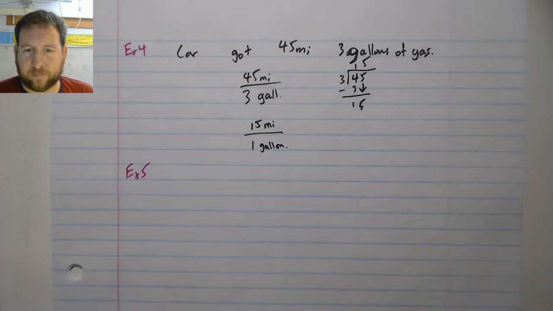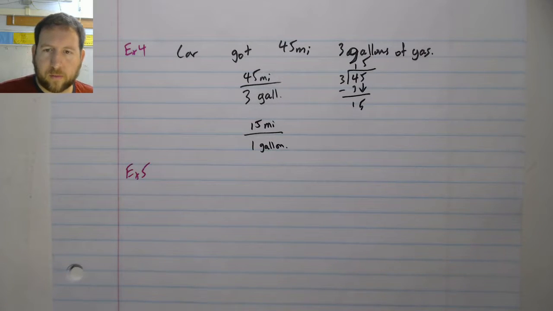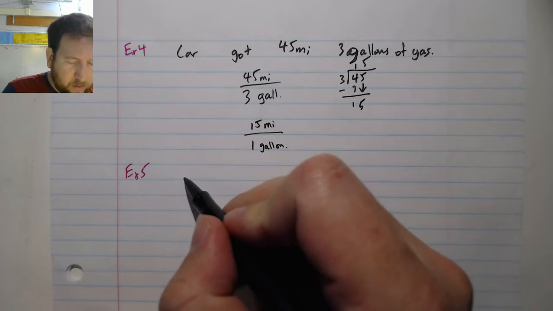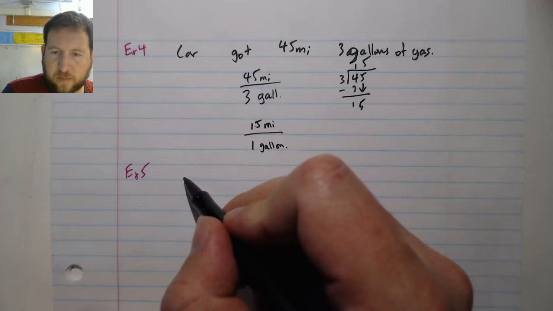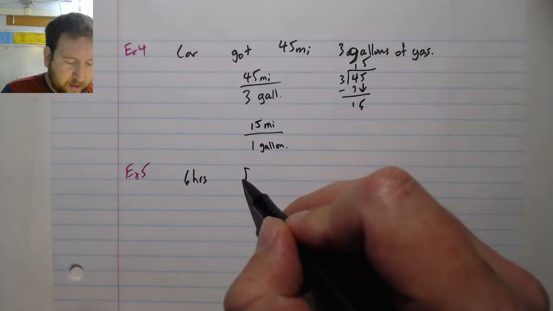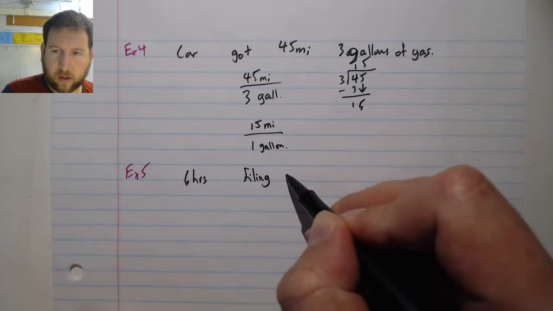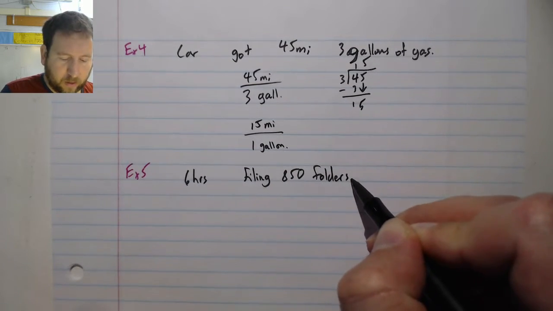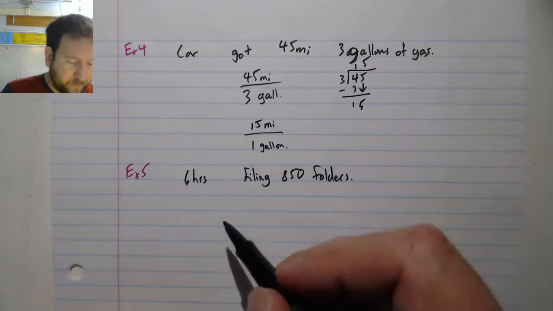All right. We're going to look at a part-time job. We spent 6 hours filing 850 folders. And we're going to turn that into a unit rate.